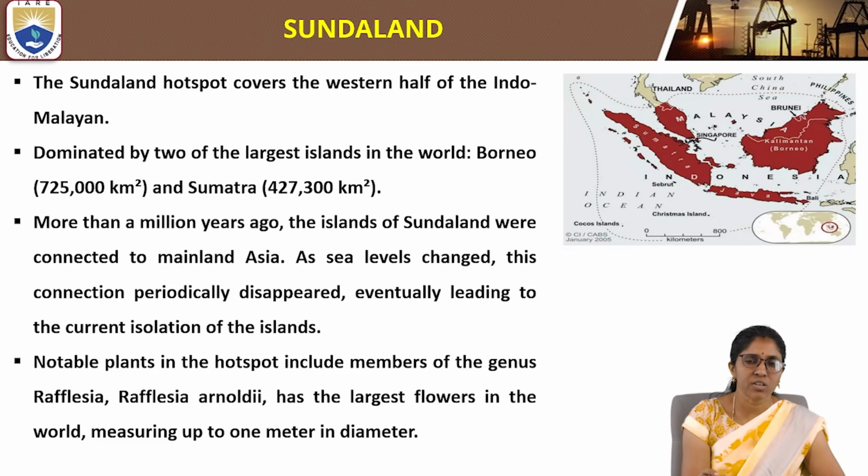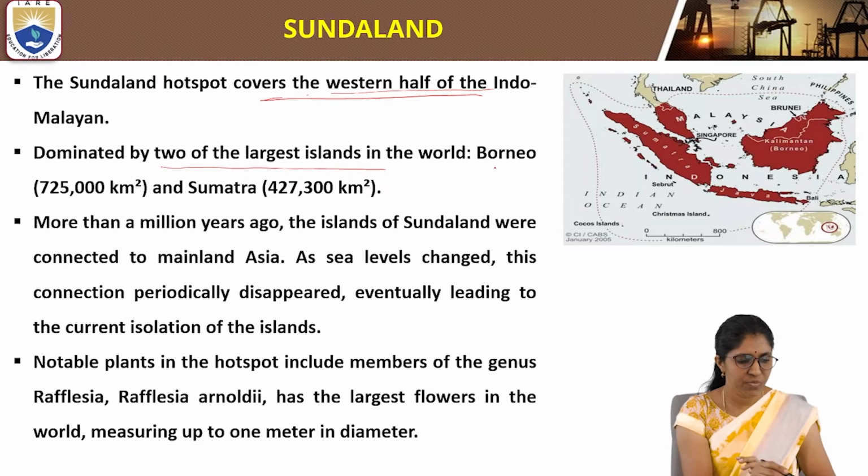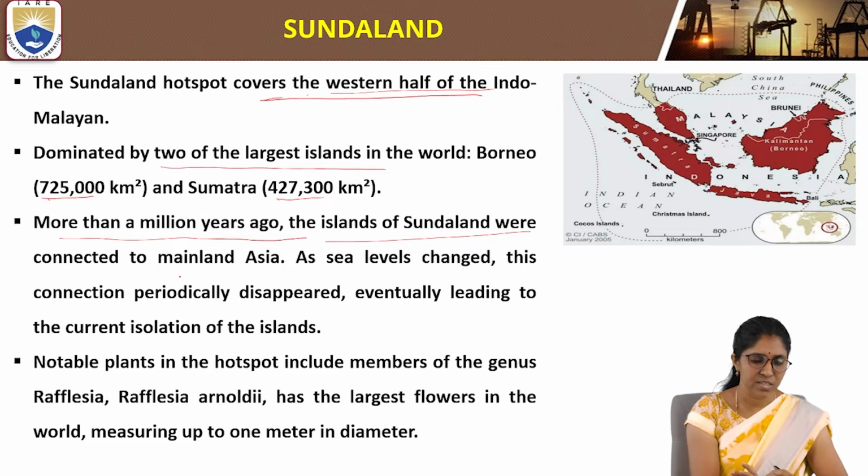The next hotspot is the Sundaland hotspot. The Sundaland hotspot covers the western half of the Indo-Malayan region. It is dominated by two of the largest islands in the world, Borneo, 725,000 square kilometers, and Sumatra, 427,300 square kilometers.